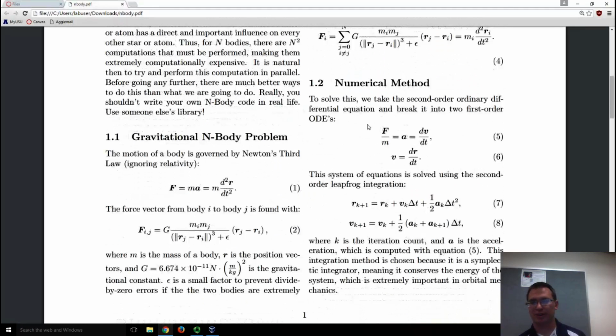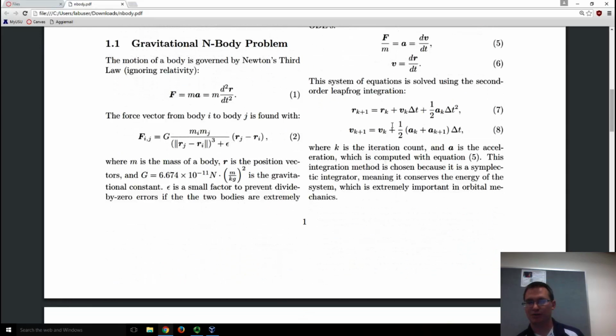So now the numerical method. To solve this, we're going to take the second order ODE and break it into two first order ODEs. So here's the first one where we say force divided by the mass is equal to the acceleration. Well, that's just the derivative of velocity, whereas velocity is equal to the derivative of position.